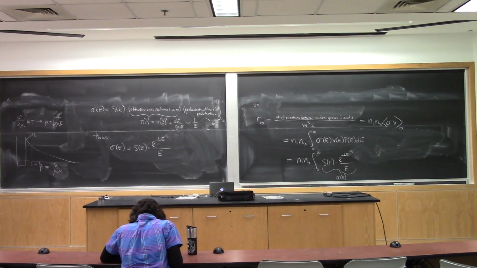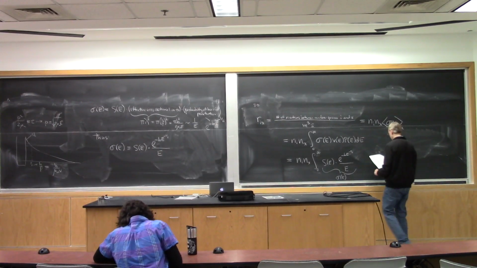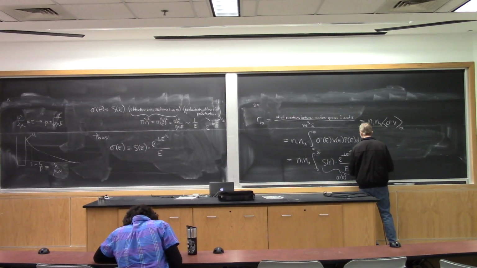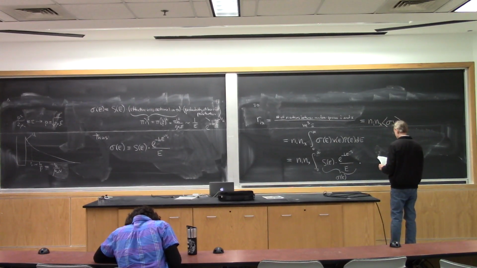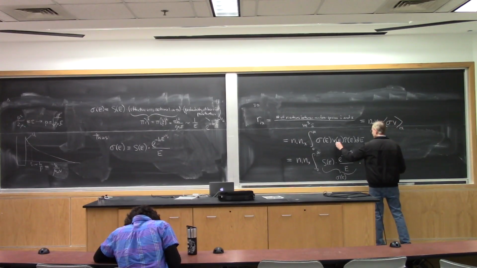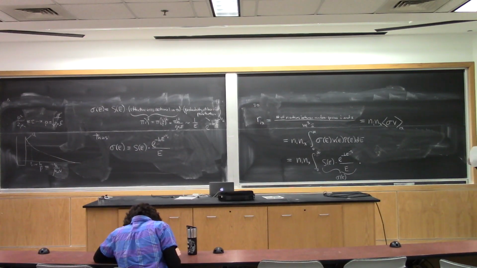That's the sigma of E term. Meanwhile, v as a function of energy, that just means how fast they're moving relative to one another in the CM frame for a given energy E.